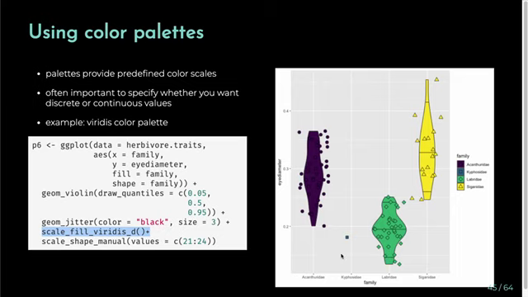We want discrete color values for these four family factors. And then we have the same scale_shape_manual argument as earlier. And you can see that it changed the 4 colors to the Viridis color palette, which is this color palette that goes from a deep purple to a really sort of bright yellow. It's quite a nice color palette that I think is quite useful and also quite colorblind friendly.